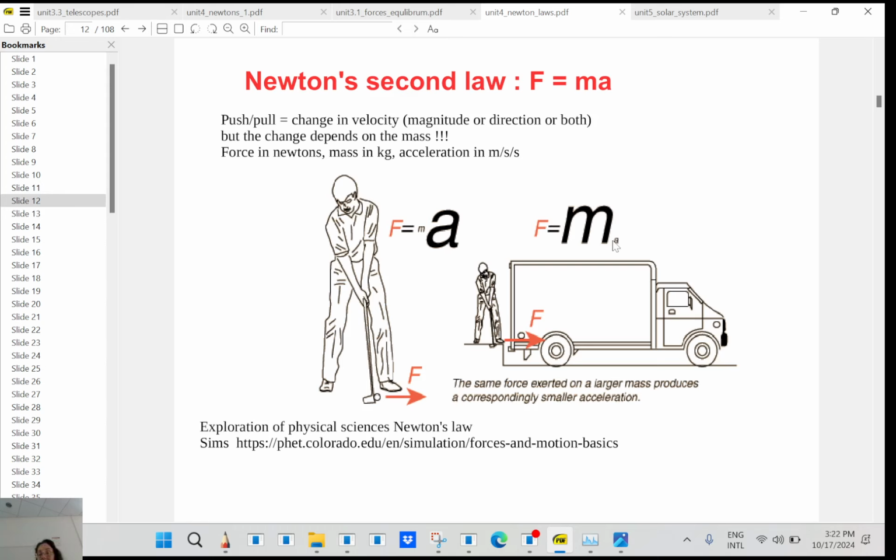Okay, so what does that mean? It means that the acceleration is inversely proportional to the mass. Twice the mass, half the acceleration. 3 times the mass, acceleration is divided by 3. 10 times the mass, divided by 10. That's not too hard to understand.